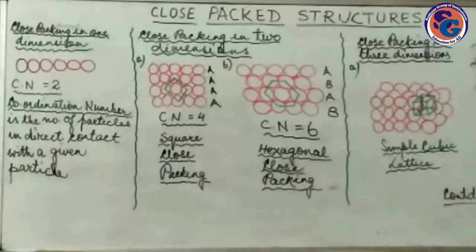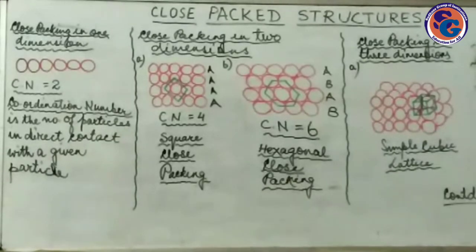The number of particles which are in direct contact with a given particle is known as the coordination number for that particular structure. And so, the coordination number for close packing in one dimension is 2. Now we move to close packing in 2 dimensions.